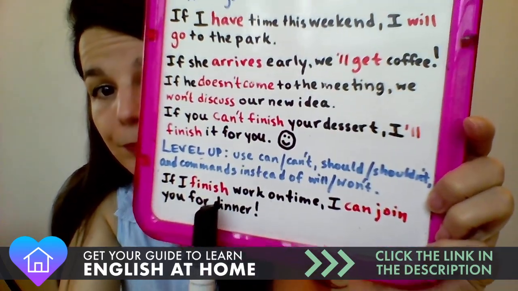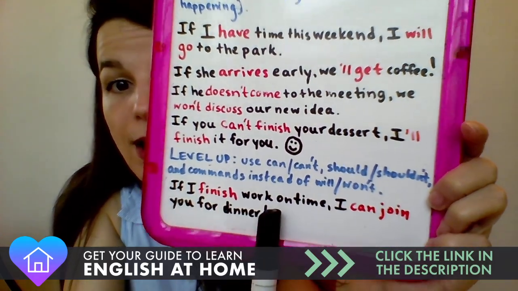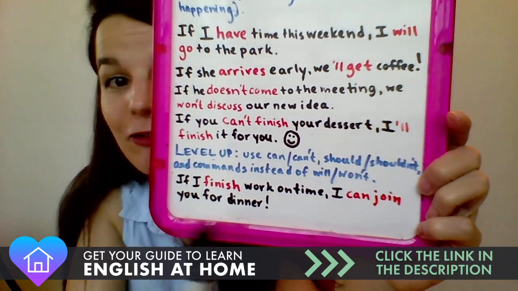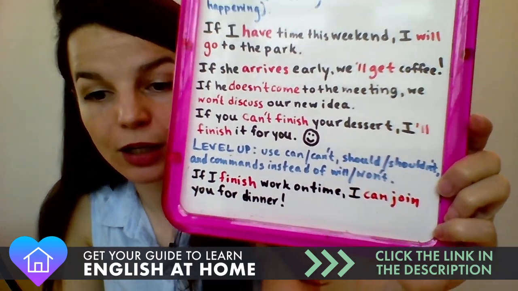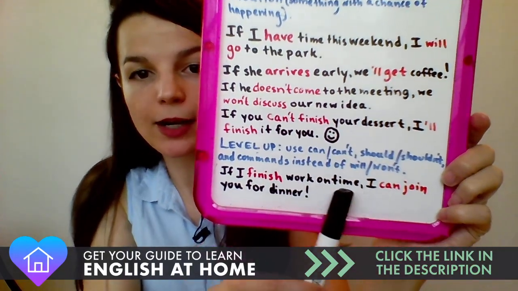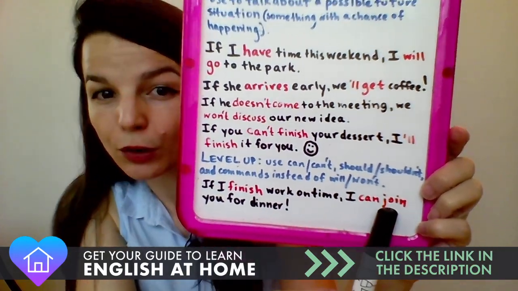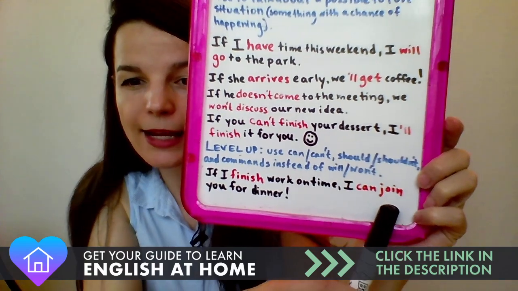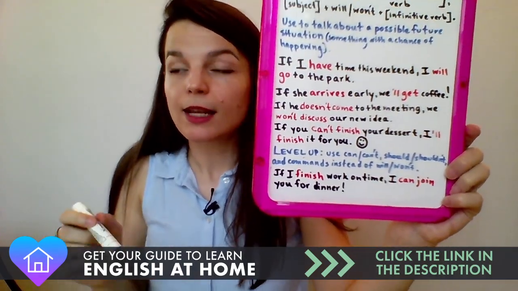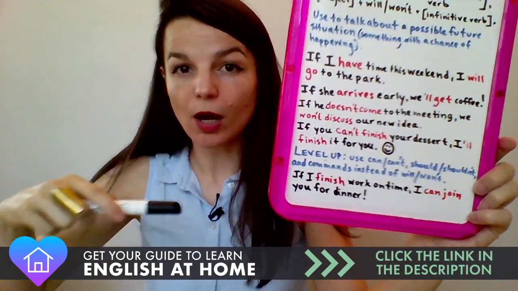For example, if I finish work on time, I can join you for dinner. So what's the difference here? For example, if I finish work on time, I will join you for dinner, versus I can join you for dinner. The difference is can expresses possibility.